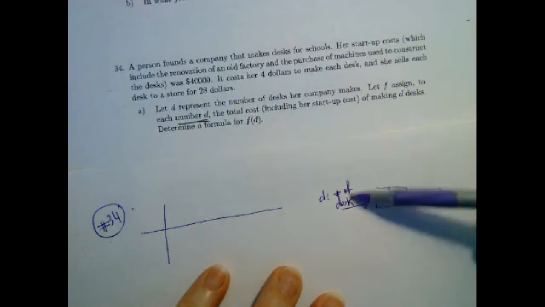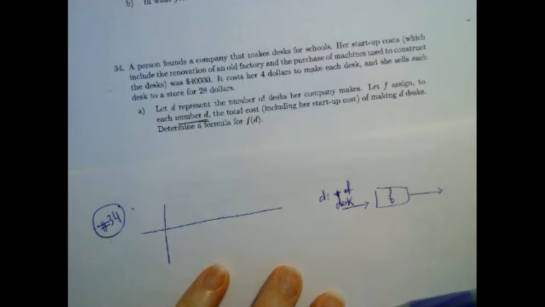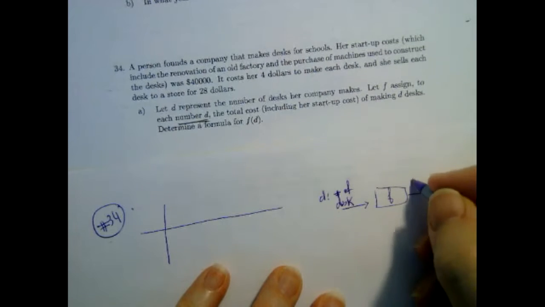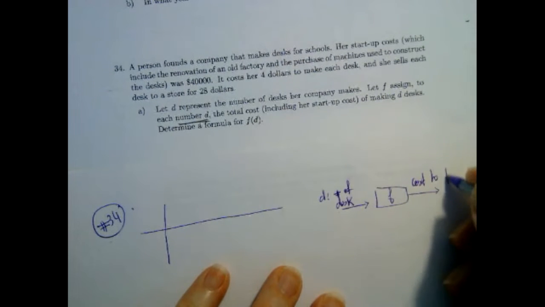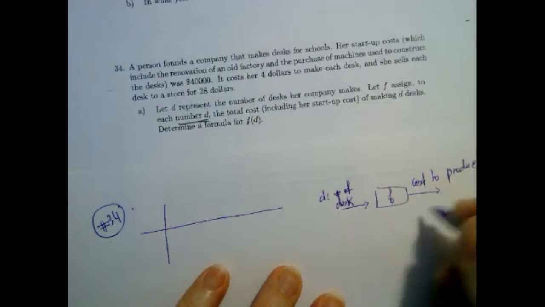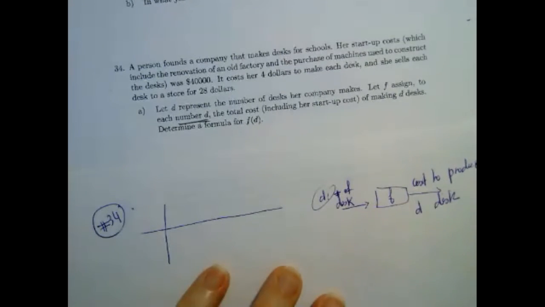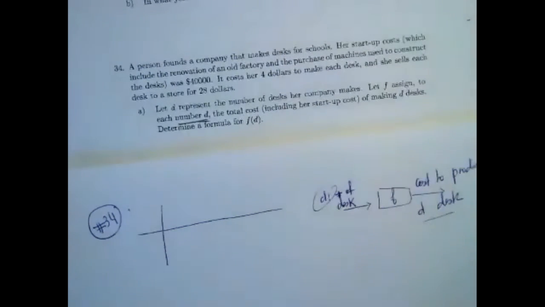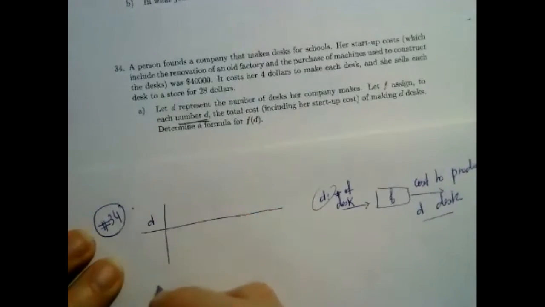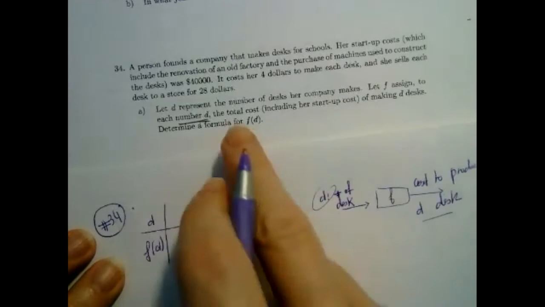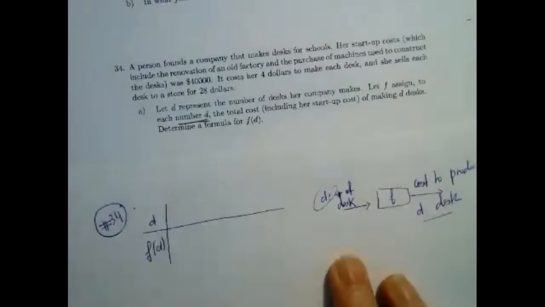So the input varies, and those values are the number of desks, and f assigns the cost to produce D desks. They are using the letter D for the input instead of t. So my input is D, the number of desks, and my output is f of D, because this is the cost to produce them.